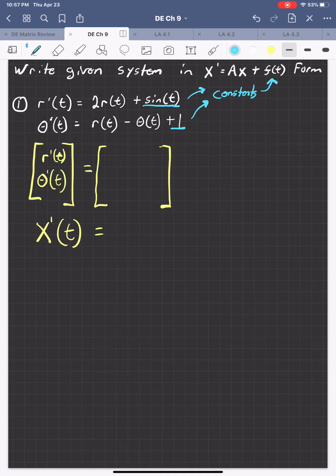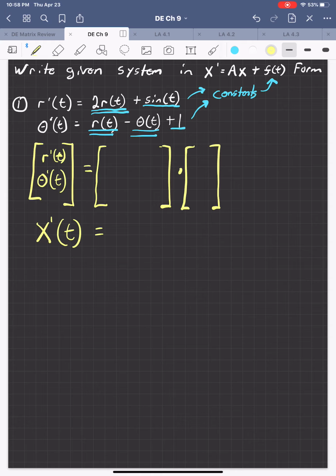Whereas everything else is going to make its way into our matrix A and our x. So let's start with matrix A. In this case, let's grab the coefficients.